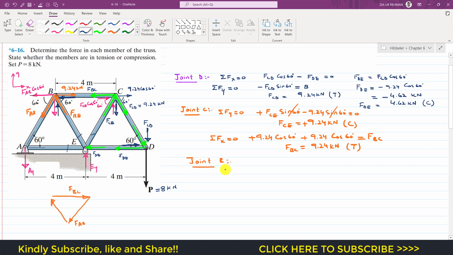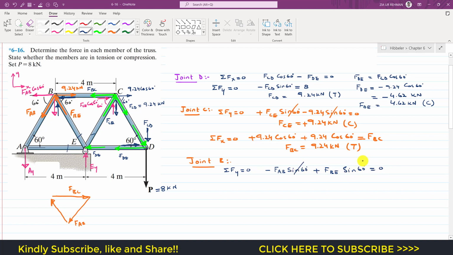Now if we apply the summation of forces along y equals 0, we can see that this sine component of FAB is acting vertically downward, so I will write minus FAB sine of 60 degrees, and this sine component of FBE is acting vertically upward, so I will write plus FBE sine of 60 degrees, and this is equal to 0.